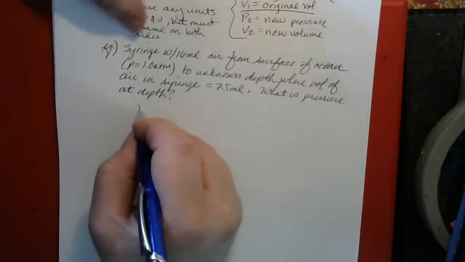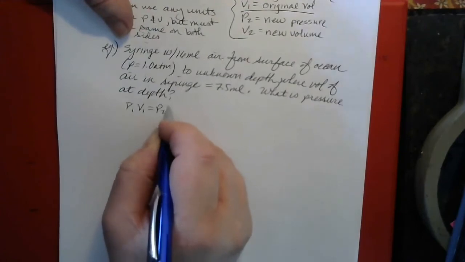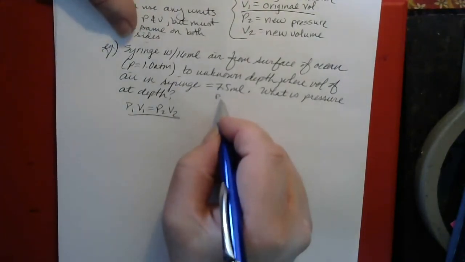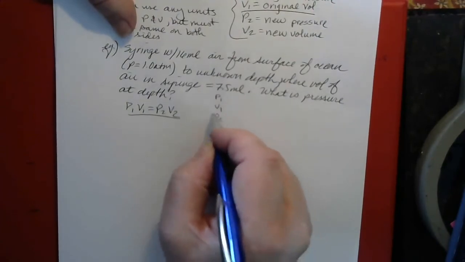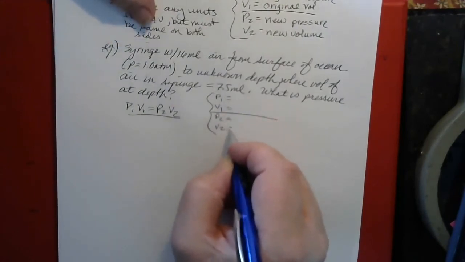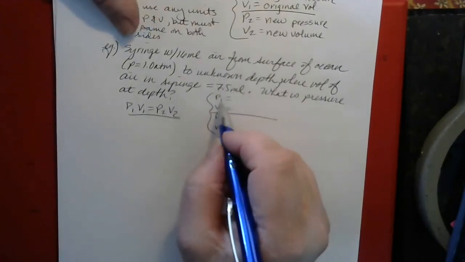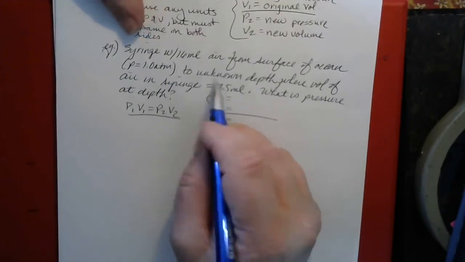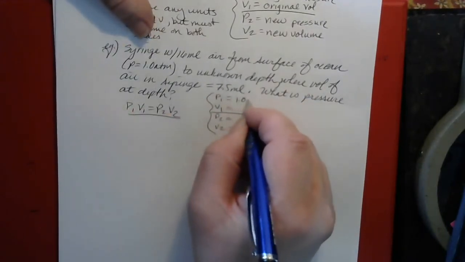Okay, so we know that our equation is P1 V1 equals P2 V2, and we have to figure out what P1, V1, P2, and V2 are to the best of our abilities, based on what's given in the problem. Let's see, P1 would be the original atmospheric pressure, which is 1 atmosphere.